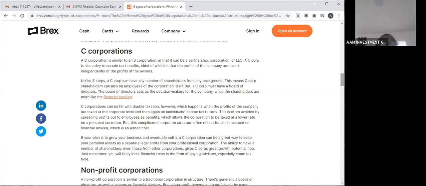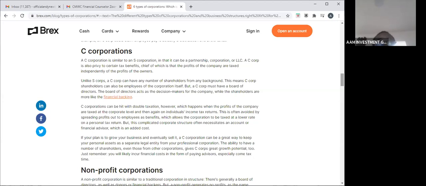The first thing it tells you is that a C-Corp is similar to an S-Corp in that it can be a partnership, a corporation, or an LLC. A C-Corp is also privy to certain tax benefits, chief of which is that the profits of the company are taxed independently of the profits of the owners.